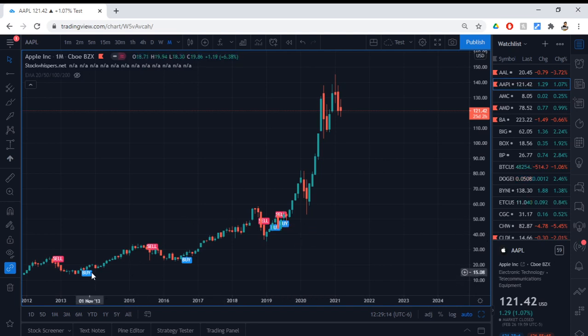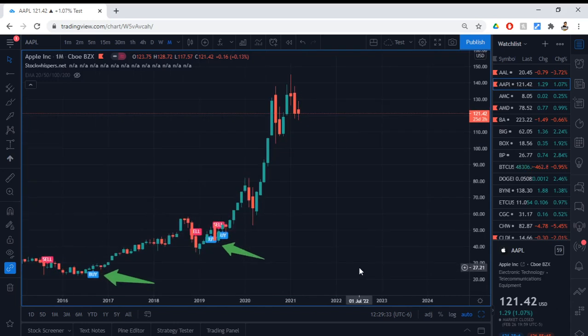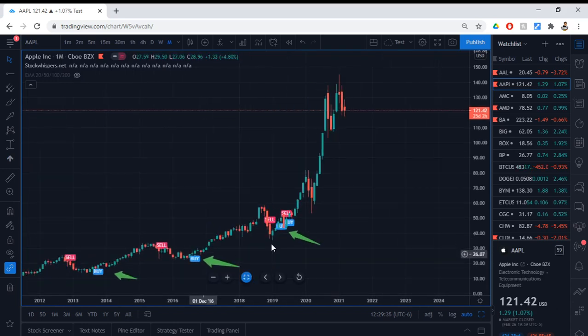If you're having trouble with long term and want to know when to invest, just go to the very aggressive strategy, put it on a monthly chart, and boom, boom, boom, here are your entries. When do I get into Apple for my long-term portfolio? It's easy. When you see a buy signal.